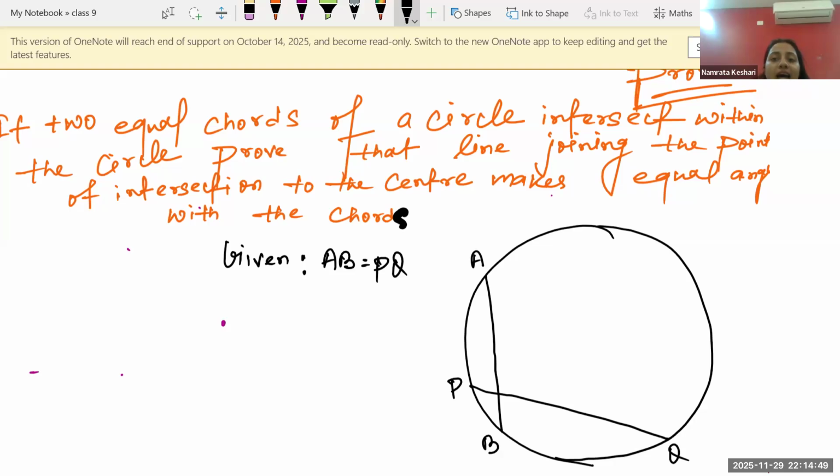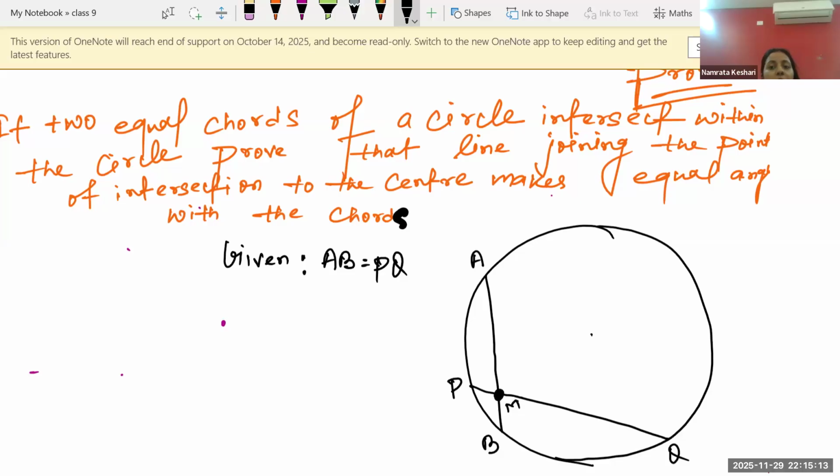Now prove that the line joining, I have to be careful, the line joining the point of intersection, which is this one, M, to the center.